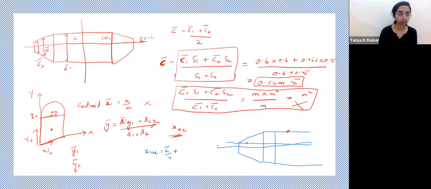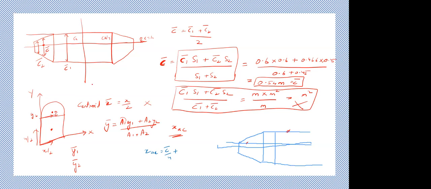So this point on the x-axis would be what? It would just be CR by 4?